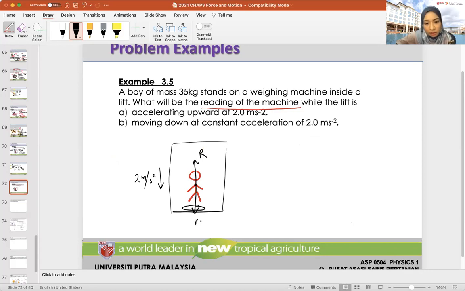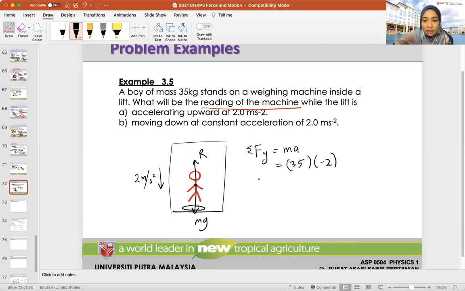And then mg, because he has weight. He's not a ghost. So again, F net in the Y is equal to MA. This time our MA is negative. So we need to take note on that. 35 minus 2. Okay, minus 2. So it has a direction, it's going down. So it shouldn't be positive.